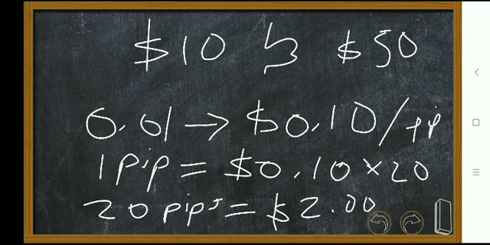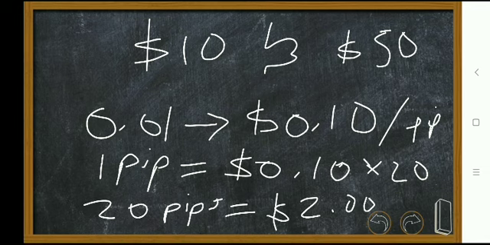That will be your profit or your loss. If you set take profit of 20 pips, you'll get $2. And if you set a stop loss of 20 pips, it will be $2 for both these accounts. Remember the factors which I said will have an effect on the pip value.